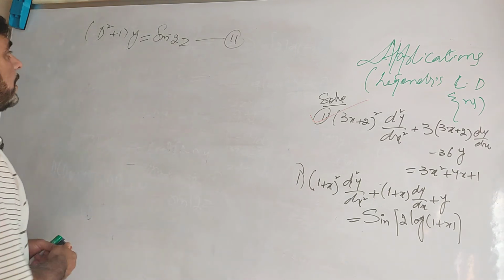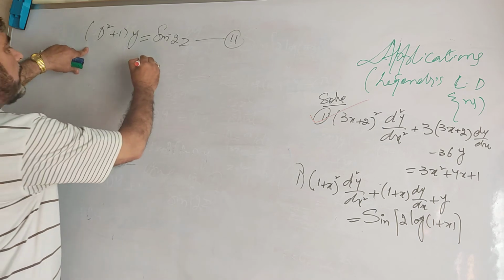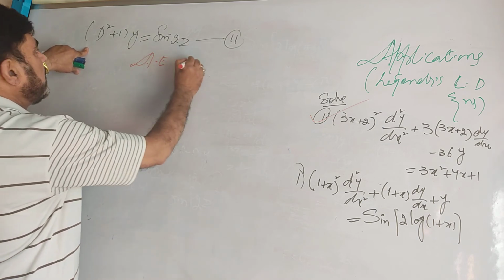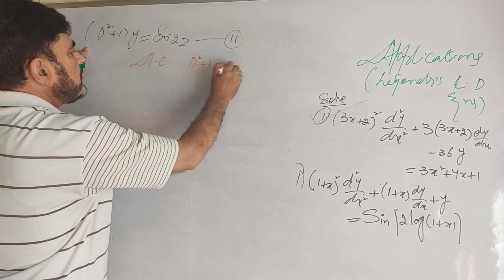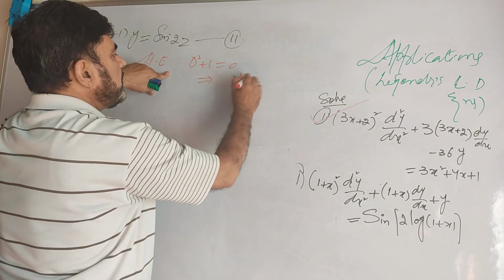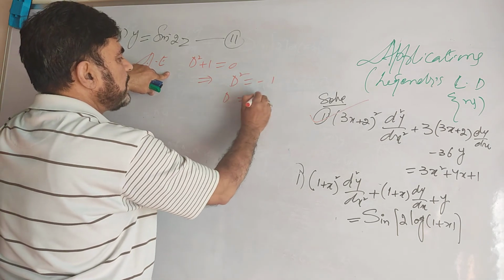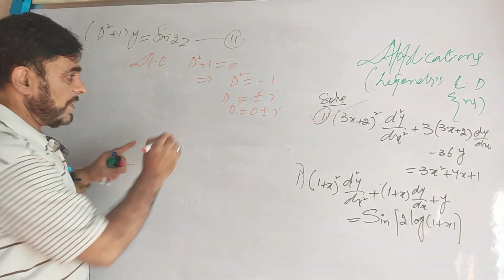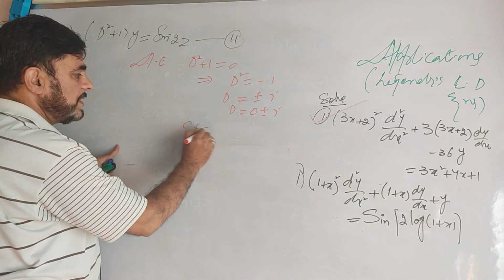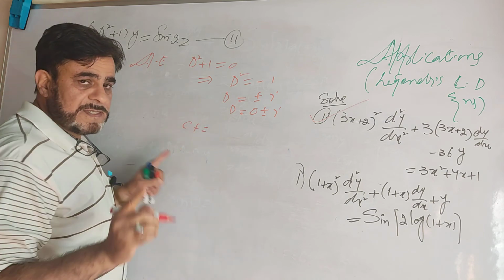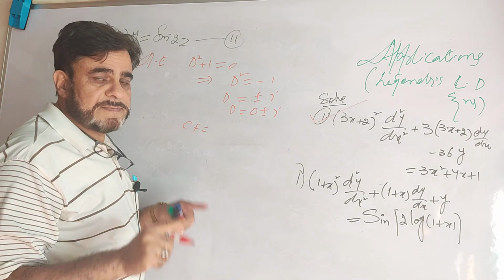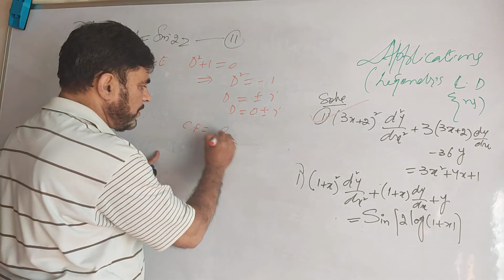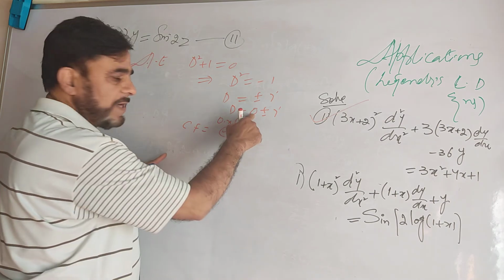Let us see what our auxiliary equation is. It is D² + 1 = 0. When you solve it, D² = −1, D = ±i, that is D = 0 ± i. What is the complementary function? In case of complex roots, do you remember? e^(αx), that is e^(0x), alpha is this.